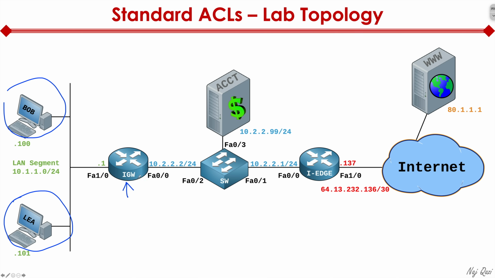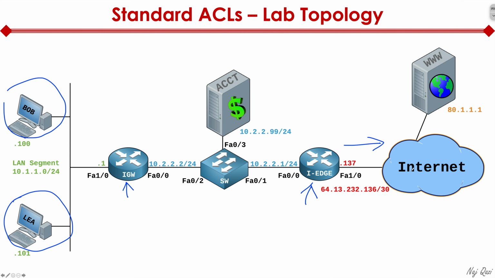And to the right of IGW, we have a switch, and that switch has an accounting server plugged in, and that switch also plugs into the LAN port of our Internet Edge router. That's what iEdge stands for. And then to the right of Internet Edge is an internet circuit coming in from our service provider that is allowing us internet access.